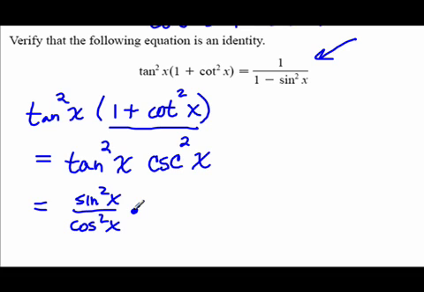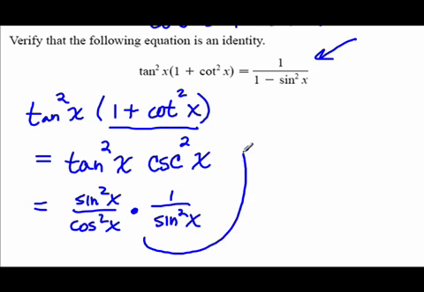Cosecant squared is 1 over sine squared. Okay. Don't know where this is headed, but let's keep going. When we multiply those two fractions together, looks like we're going to end up with 1 over cosine squared, right?